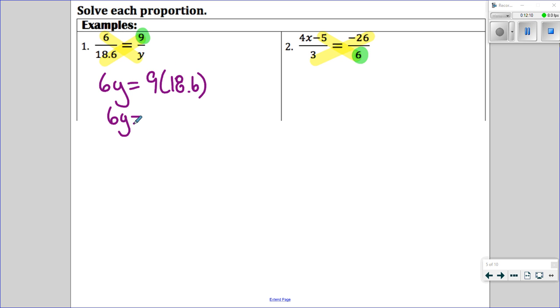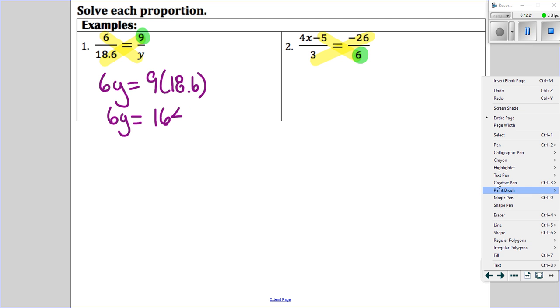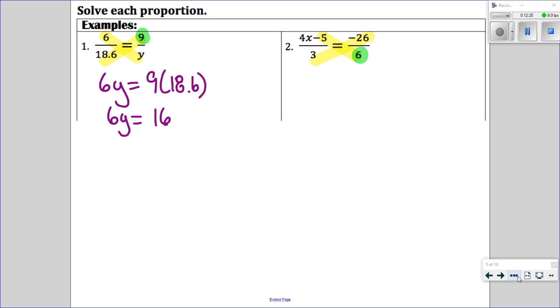So you have 6y, and in that one, 9 times 18.6 will give you 167.4, and then you divide by 6, and then that should give you 27.9.